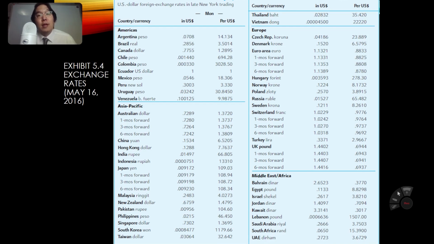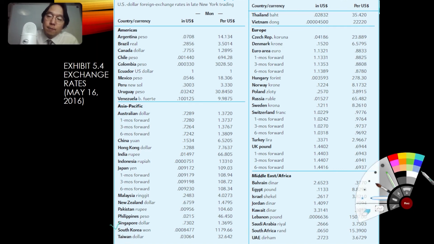2016. What you see in the first column is the country name: Americas, Asia Pacific. You see South Korea over there. Where are you, South Korea? Yes.